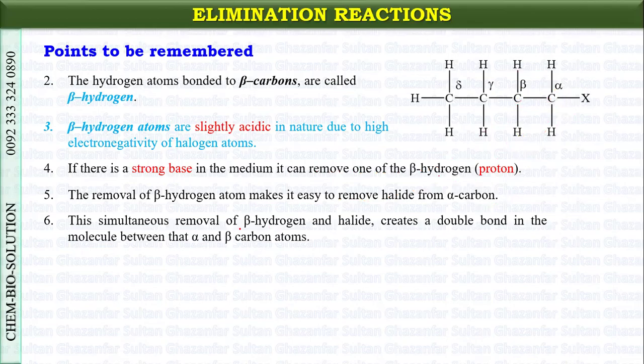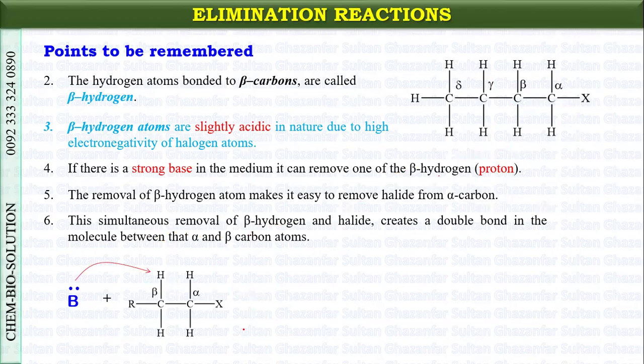This simultaneous removal of beta hydrogen and halide creates a double bond in the molecule. For example, if halogen is removed from here and hydrogen from here, then a double bond can be created here. Now see the general reaction for this beta elimination reaction.